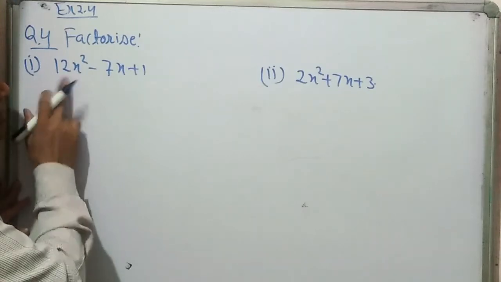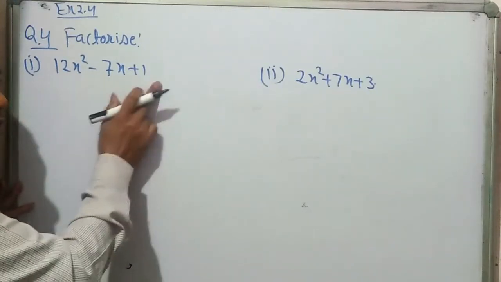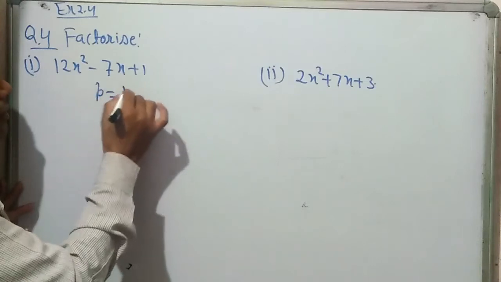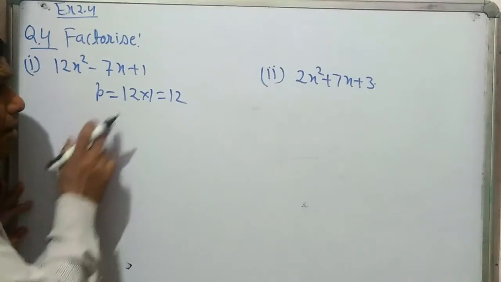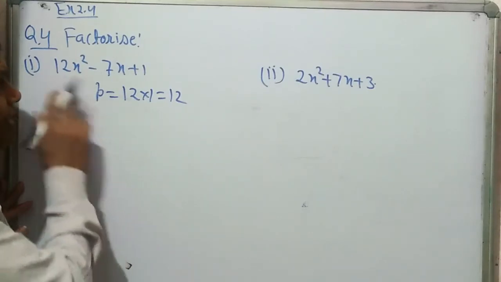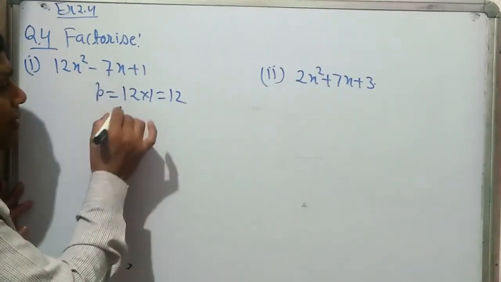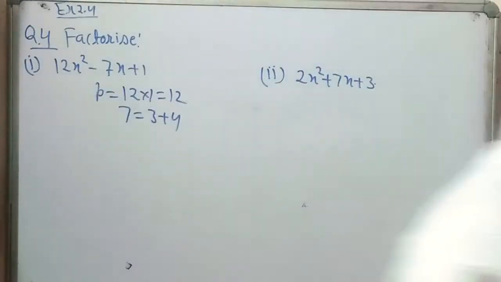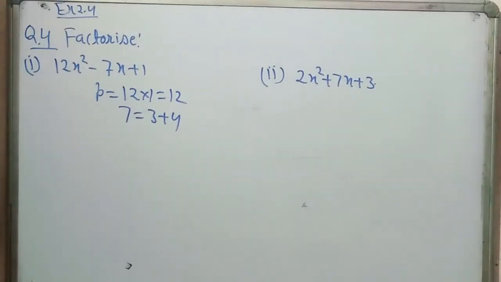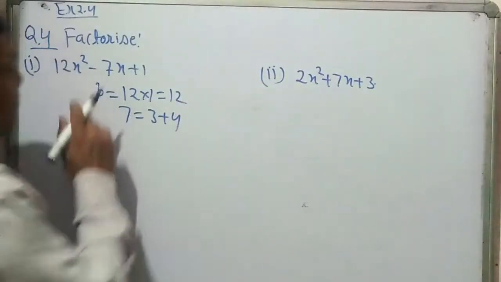So we see over here in the first part the required product is 12 multiplied by 1, that is 12. For getting this product, we split 7 as 3 plus 4. While splitting this, we see 3 plus 4 is 7 and 3 into 4 is 12. So that way we are able to factorize it.